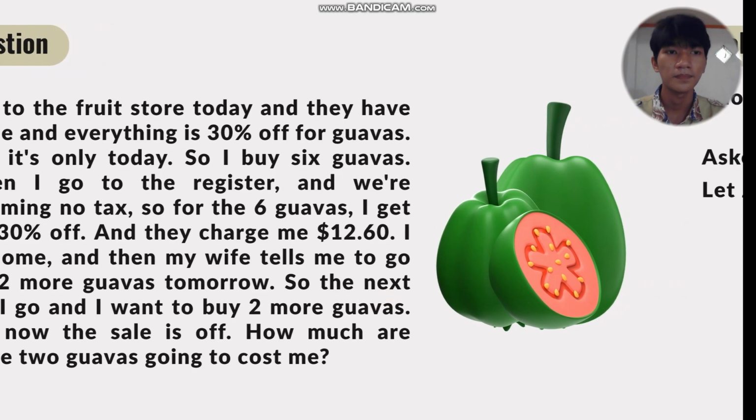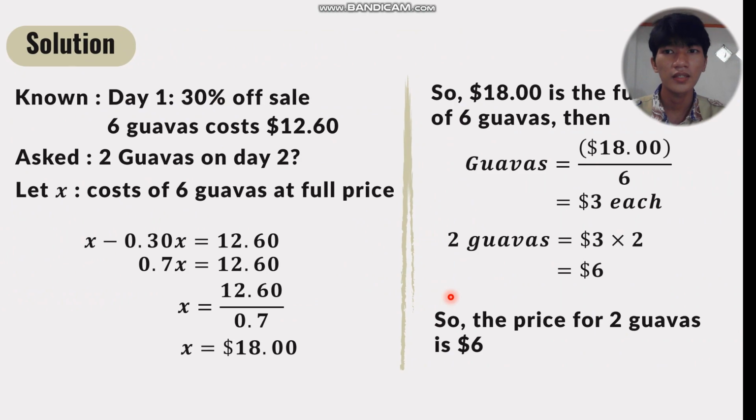The answer. Day one is 30% off sale, and 6 guavas cost $12.60. Ask 2 guavas on day 2, and let x be the cost of 6 guavas at full price.